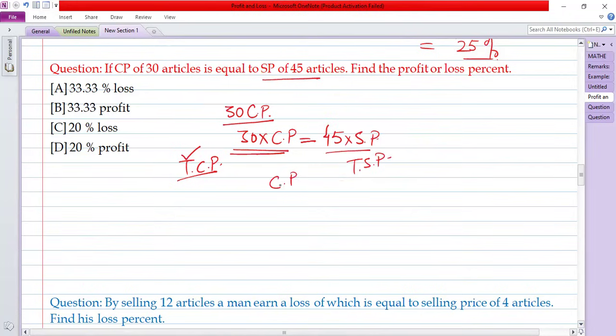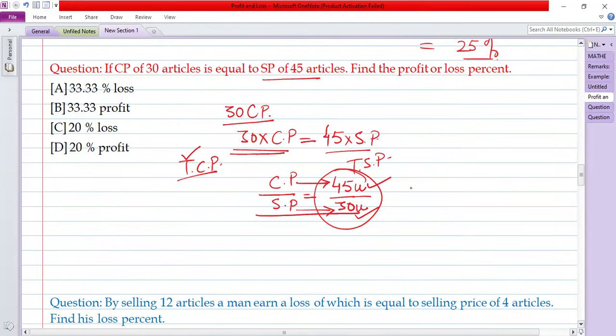So once again, the CP upon SP ratio will be nothing but 45 by 30. U stands for units. So what is the meaning of this ratio? It means that if the cost price is 45 units, then the selling price is 30 units.